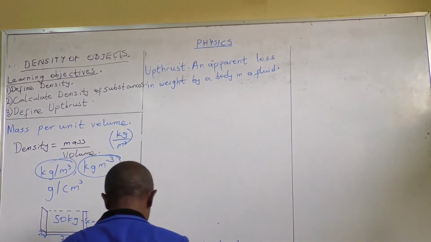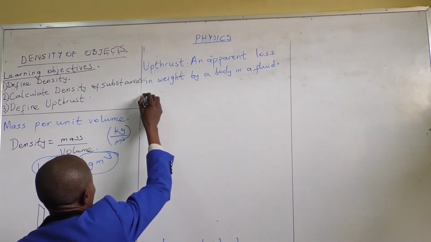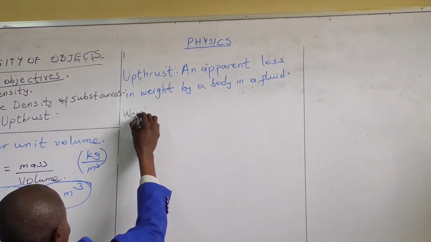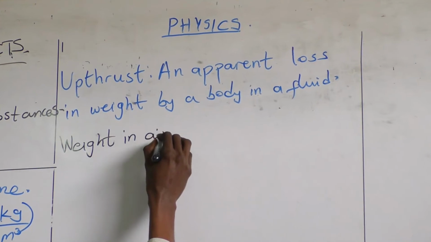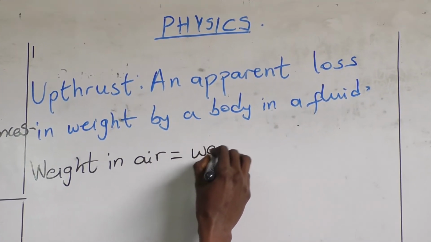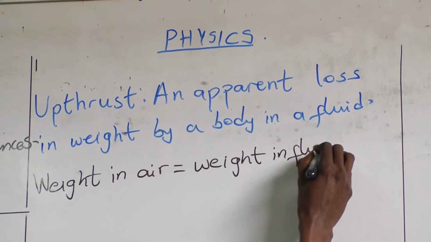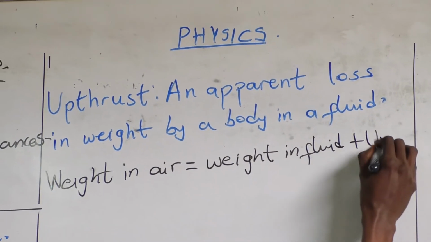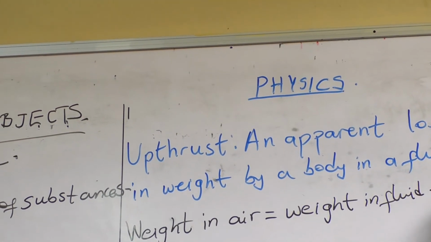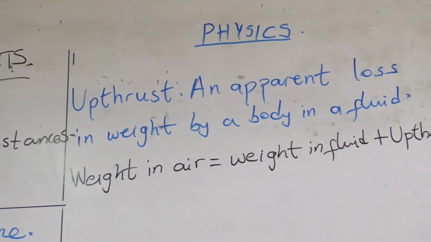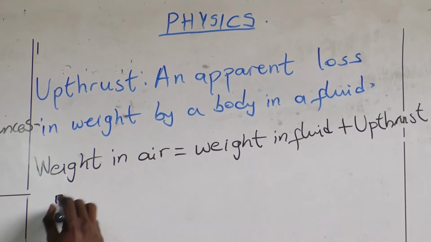And what is the simple way to calculate upthrust? Very simple. You just know that the weight of whatever the substance is in air is equal to its weight in fluid plus the upthrust. Once you take note of this, it's easy to calculate your upthrust. Let's say my weight in air is 500 newtons.